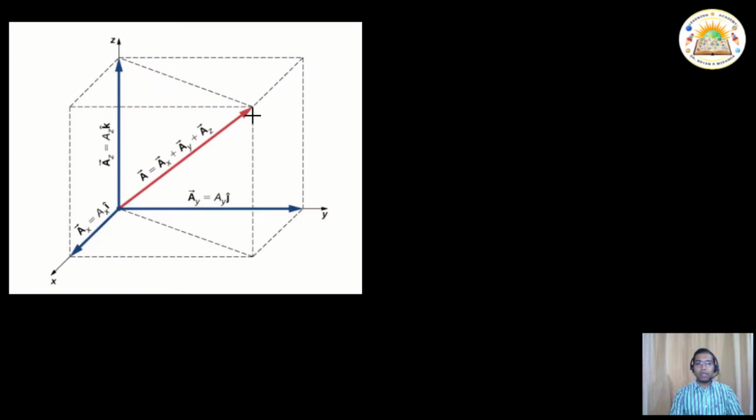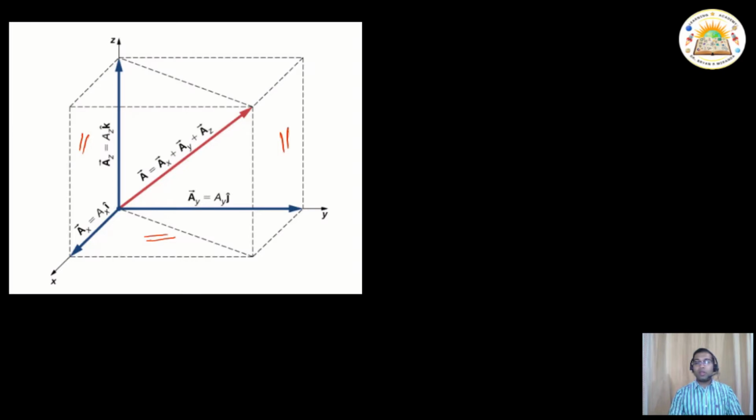The red color one is my A vector, which is along not any axis. It is not along the x, y or z axis, nor is it along the, let's say, xy, yz and zx plane. So there are 3 planes that are surrounding this vector.